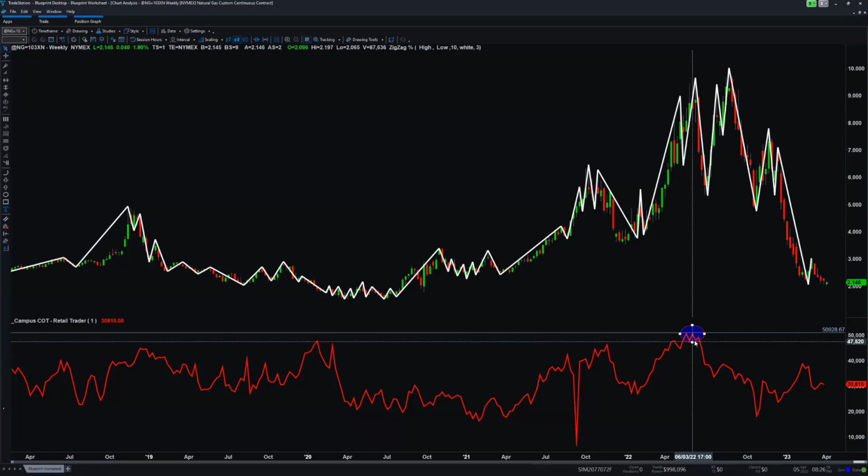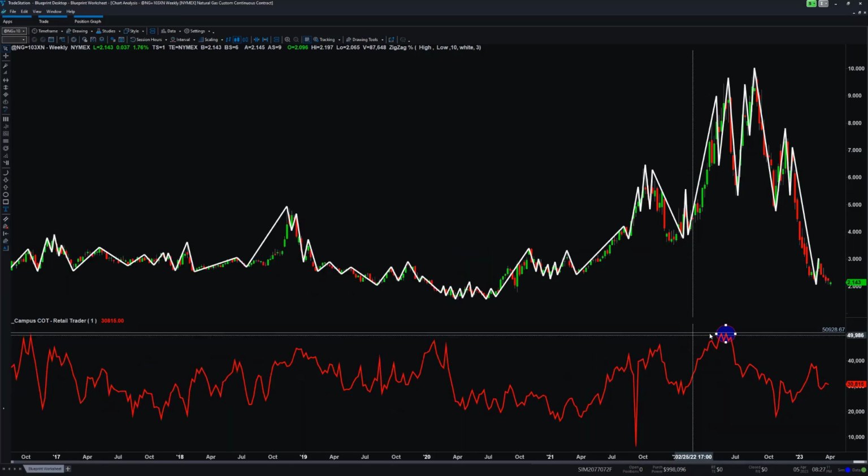The entire institutional world is geared towards manipulating them and making them losers. And we're not the only ones that are seeing this, right? So if the large traders are seeing this, then this becomes a self-fulfilling prophecy eventually.